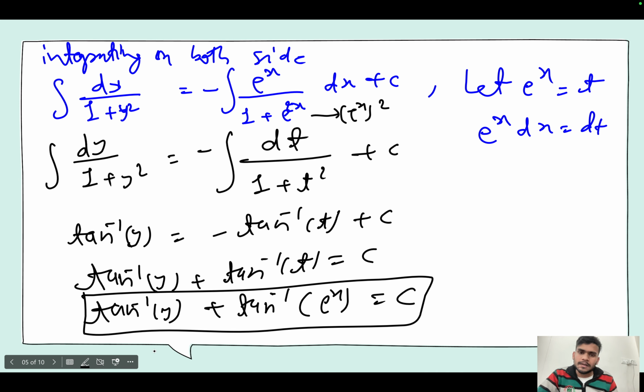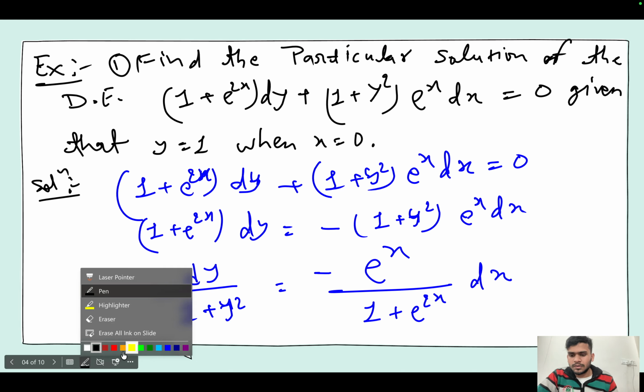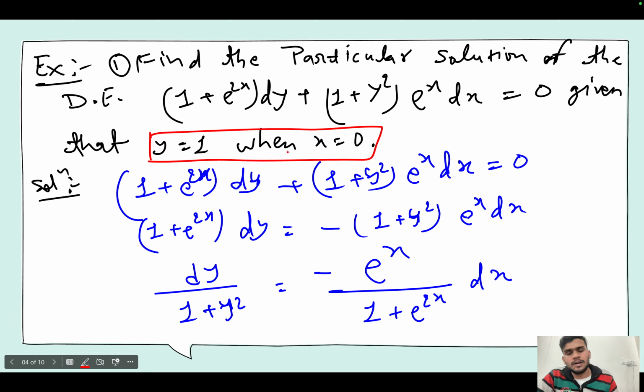In the question they have asked us for the particular solution. So we will get the particular solution after using the conditions y is equal to 1 and x is equal to 0, which they have given in the question. We need to find the particular solution of this differential equation at the condition x is equal to 0 and y is equal to 1.